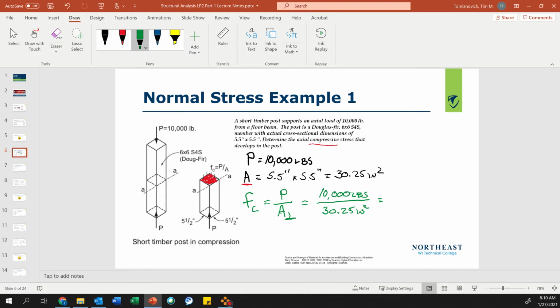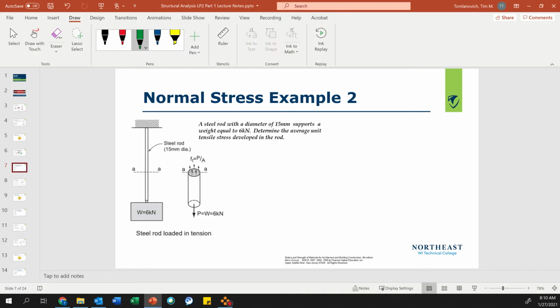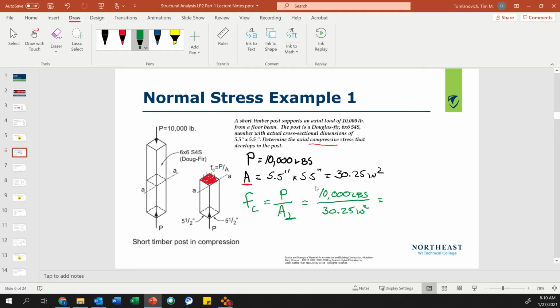And I get 330.578. So I'm just going to round it up to the nearest whole number, 331 pounds per square inch. So that is the stress that's internally inside that post.